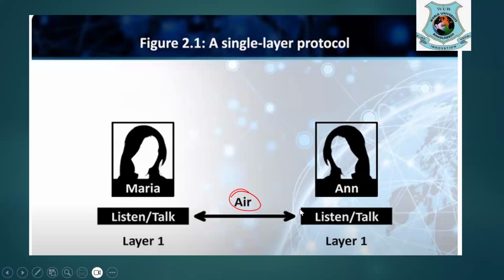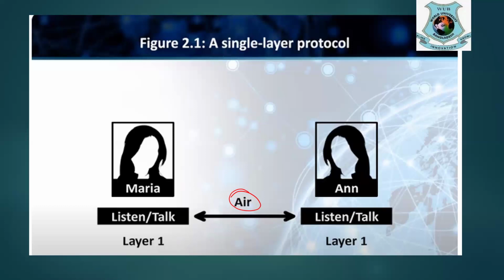In this practical communication system, only one layer is present, and that is the air medium. She is talking and she is listening. So this is a simple one layer communication model.